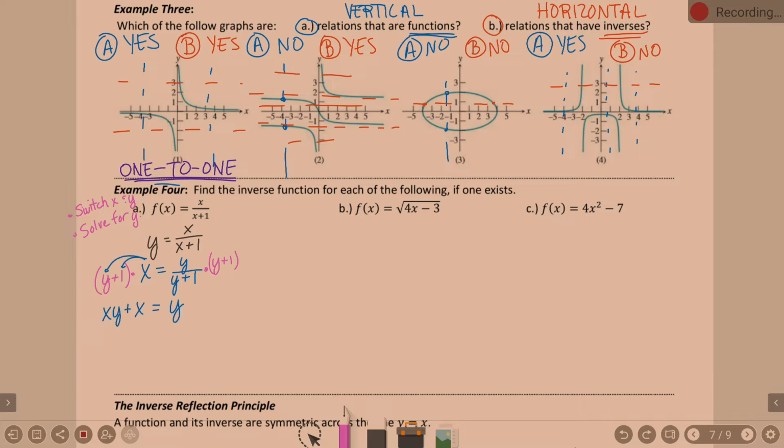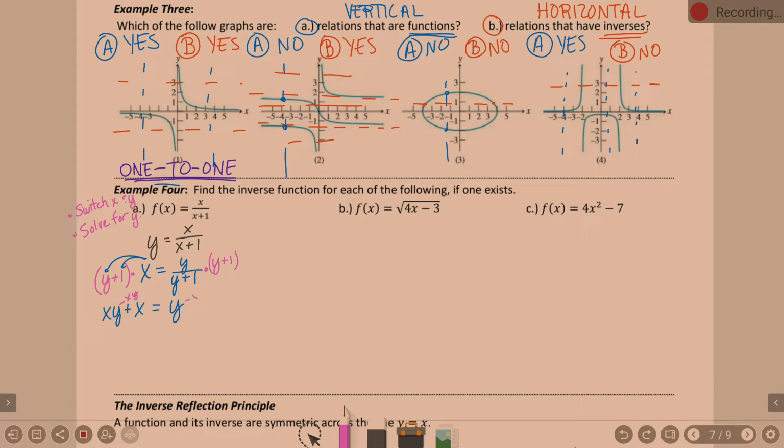So I have 2 y terms. We want to have those y terms be on the same side. How would you like to accomplish that? Since we already have a y here on the right, and I have this xy term that I'd like to join on the right, I would take the positive xy and subtract xy.